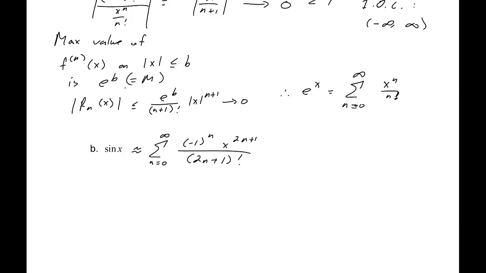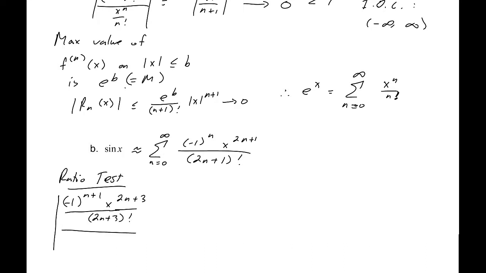Now, if we take the ratio test again, that is (-1) to the n plus 1, x to the 2n plus 3 over (2n plus 3) factorial, over (-1) to the n, x to the 2n plus 1 over (2n plus 1) factorial.